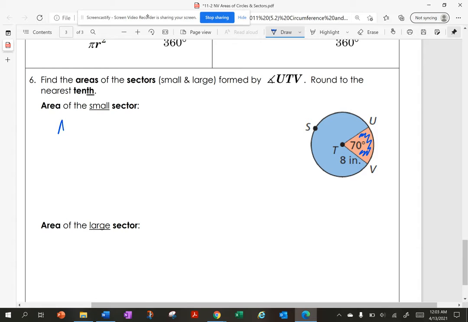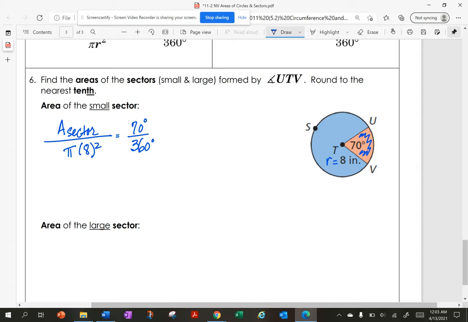So area of the sector divided by the area of the whole circle, which is pi r squared. And we know the radius is 8. So pi 8 squared. And that equals the central angle, 70 degrees, divided by all the way around, which is 360 degrees.